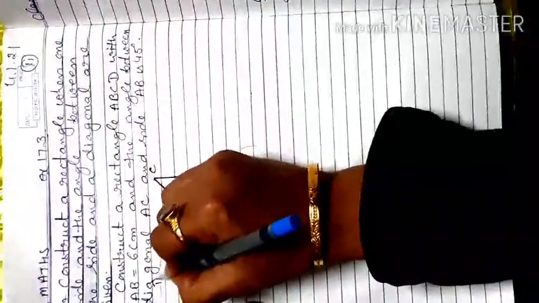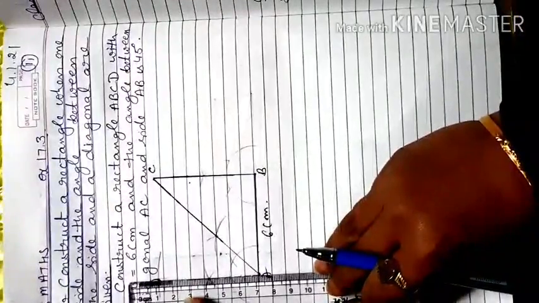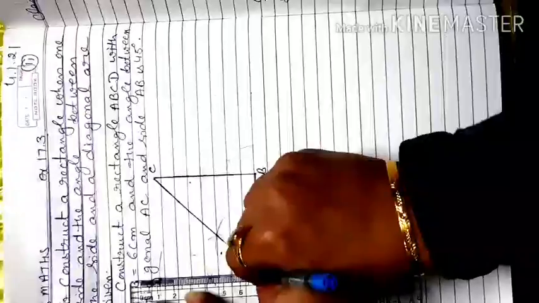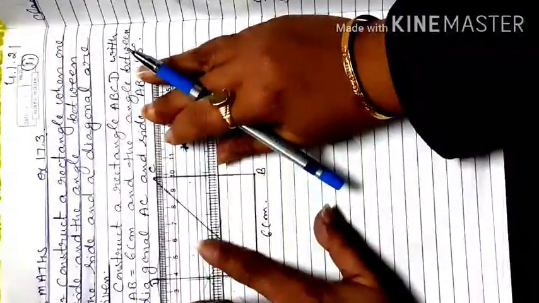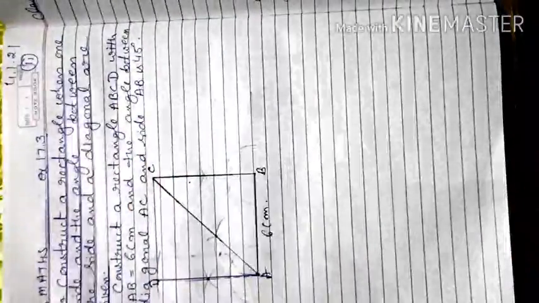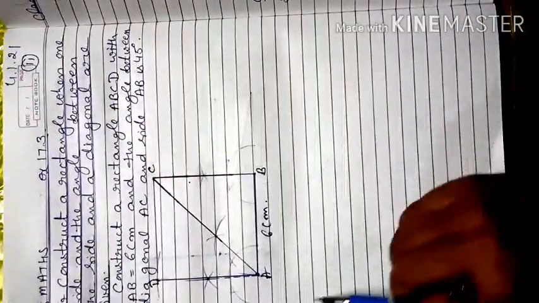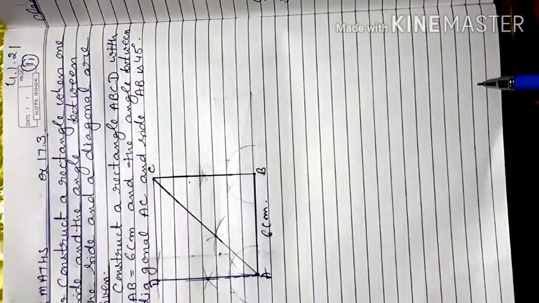Now you join these points. This is your D point. After joining all the points AB, BC and CD, this will be your required rectangle ABCD according to what was given.